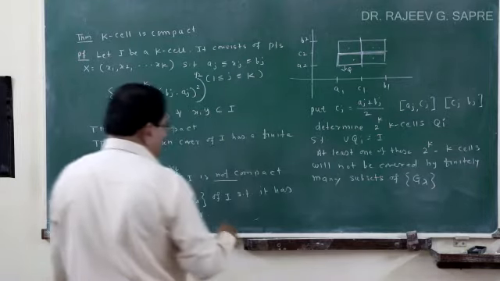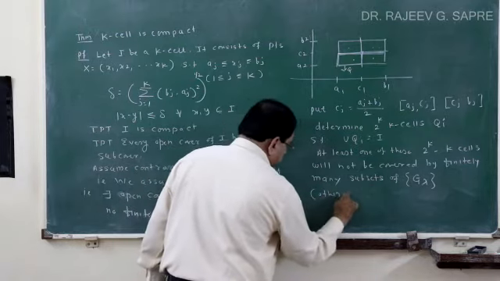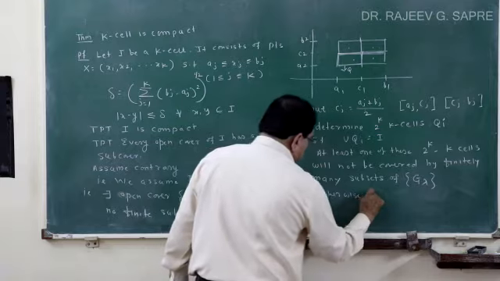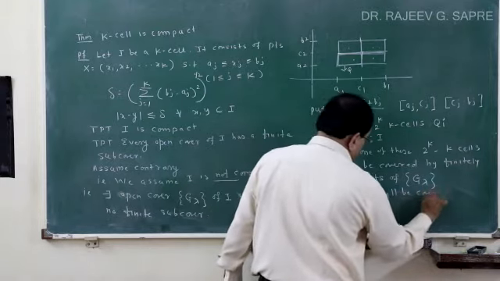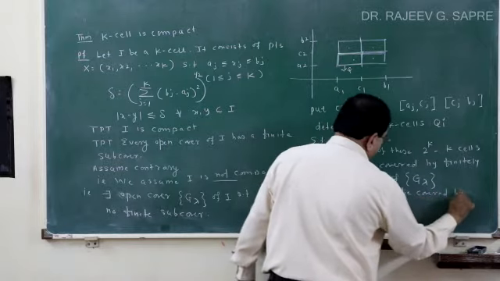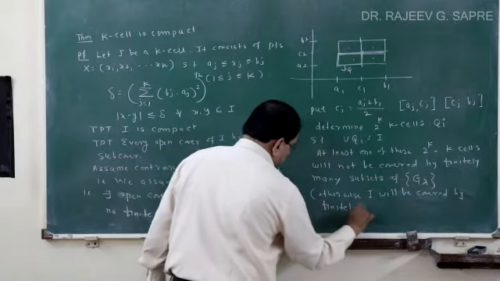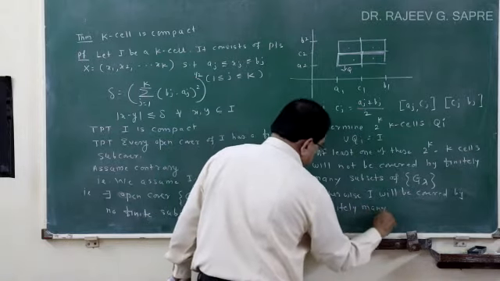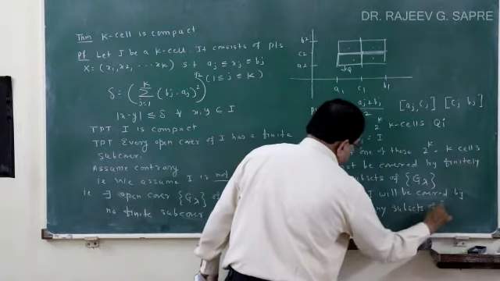Okay, why? Otherwise, I will be covered by finitely many subsets of this G lambda.